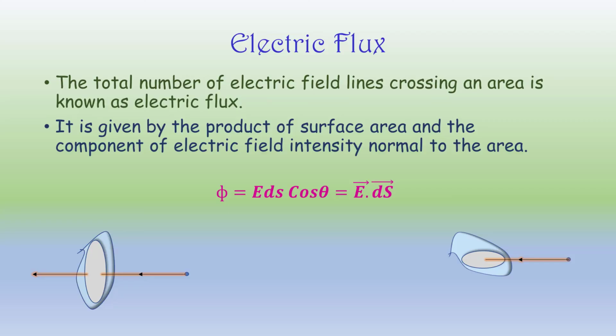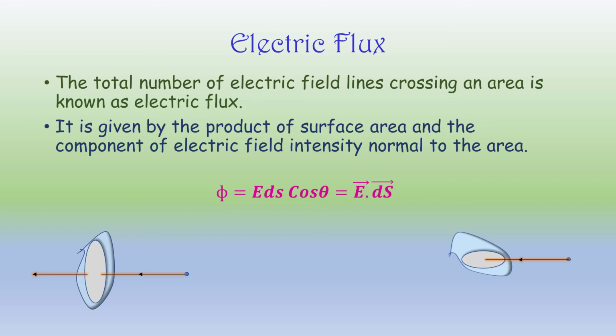Dear students, today we will learn about electric flux. What is electric flux? Electric flux linked with any surface is defined as the total number of electric field lines passing through an area.